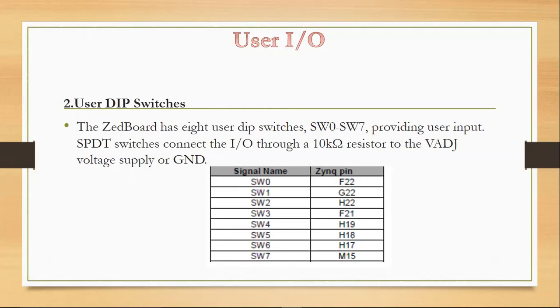Like this, we can use these pins by writing a constraints file to connect the variables of your design to the FPGA.